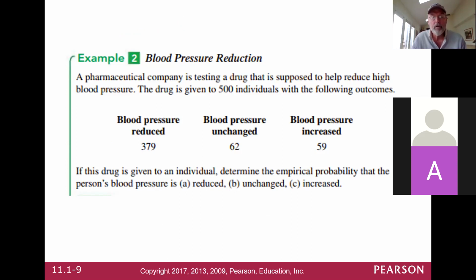There are 500 individuals in the experiment taking this drug. We want to know the probability of reducing the blood pressure, no change, or increasing the blood pressure.